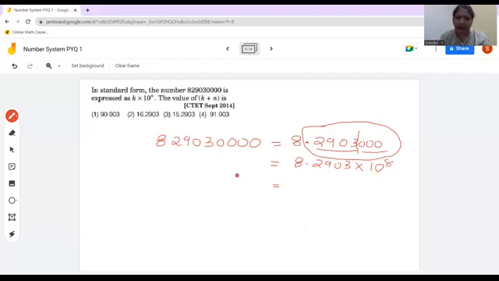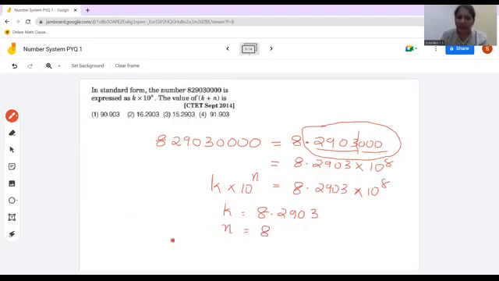So here the expression is k into 10 raised to n. What we got here is 8.2903 into 10 to the power 8, right? So let us see what is in the place of k: 8.2903. What is in the place of n? That is 8, right?